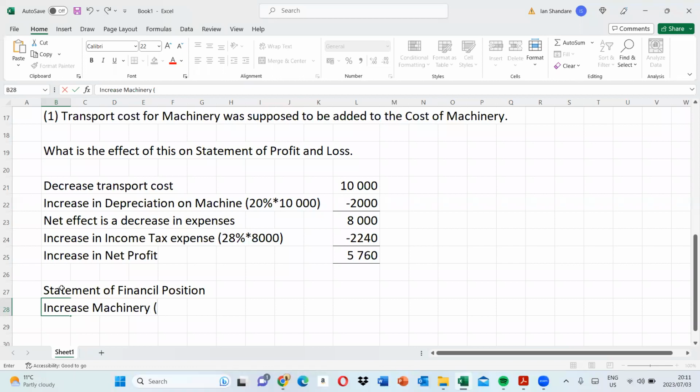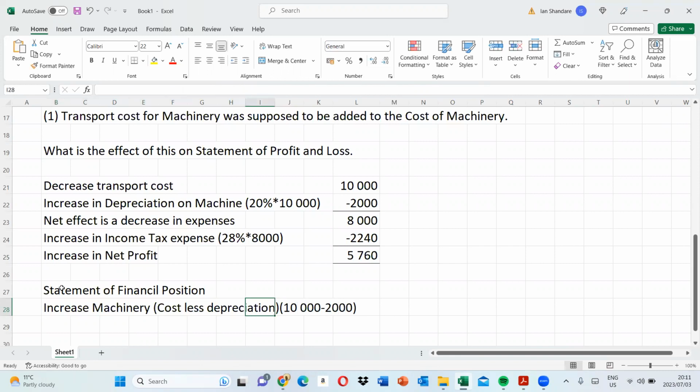Now, we record assets in the statement of financial position at what amount? At cost less depreciation, which is the carrying amount. That's how we record our assets in the statement of financial position. So the cost is 10,000 minus depreciation of 2,000, which means you're going to record 8,000 there. There's an increase in machinery.